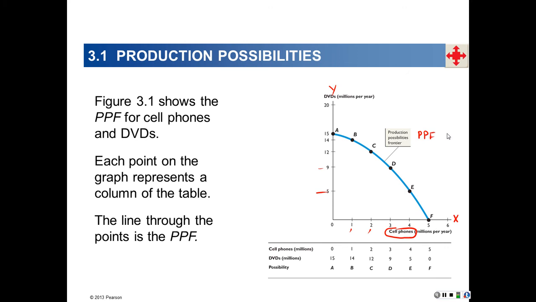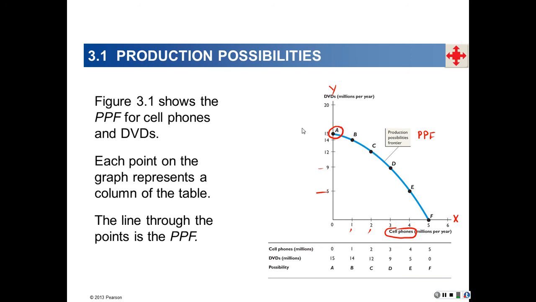If this economy decided to produce only DVDs, in other words, if it decided to devote all its resources to producing only DVDs, by this graph, could you tell me the quantity of DVDs that this country could make if it produced only DVDs and no cell phones? What quantity of DVDs would be possible to make? 15 million. You see that? And that happens to be point A.